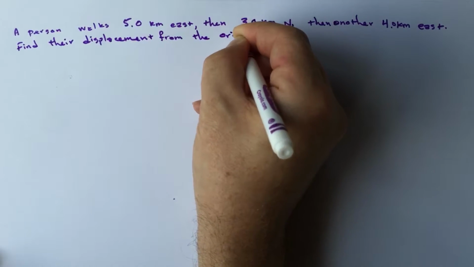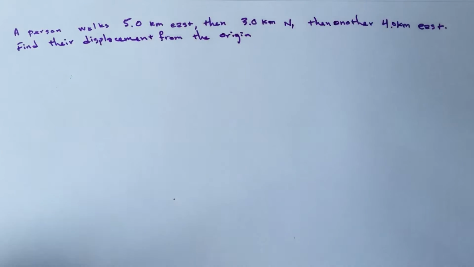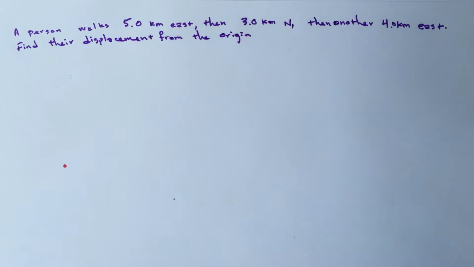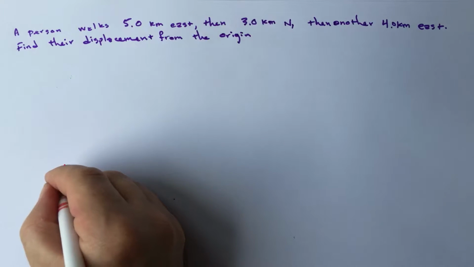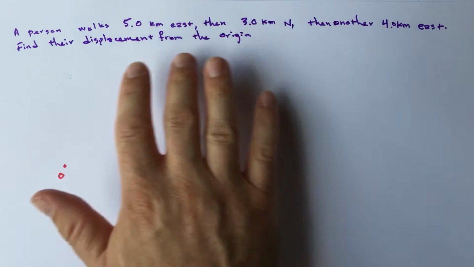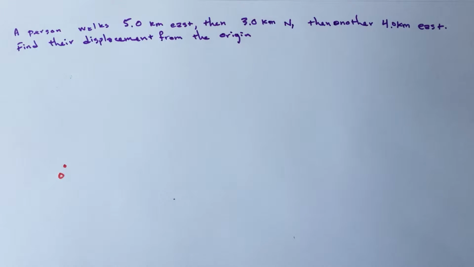Well, the origin is something that we just defined. We say, all right, let's call this spot here the origin. I'll even put a little O next to it to represent that this is where we're going to start. We can solve this problem graphically by drawing vectors, and in order to do that, we have to set up a couple things to start with.